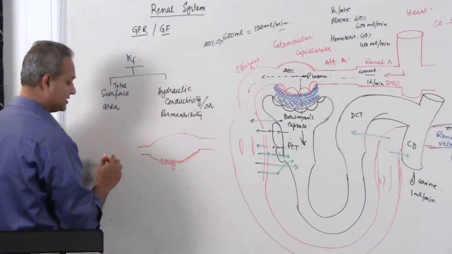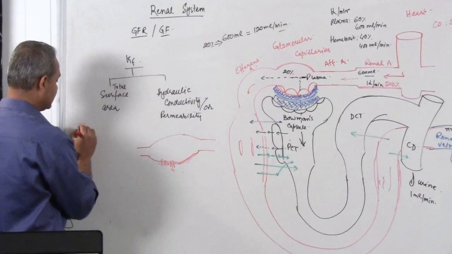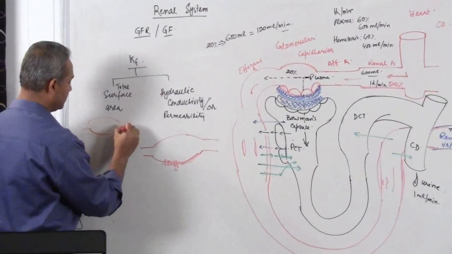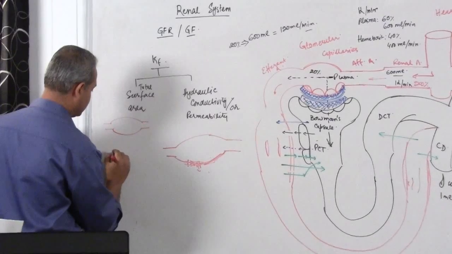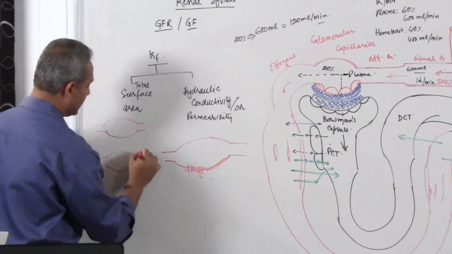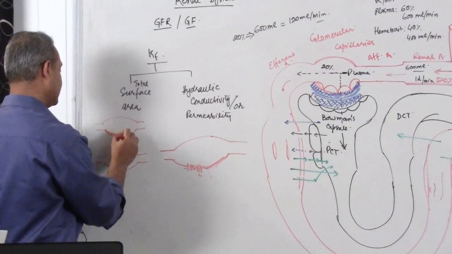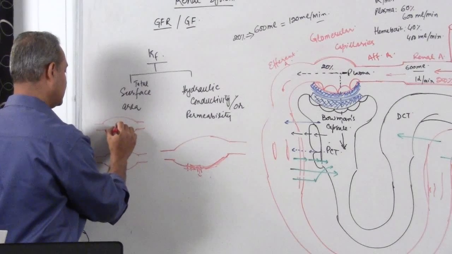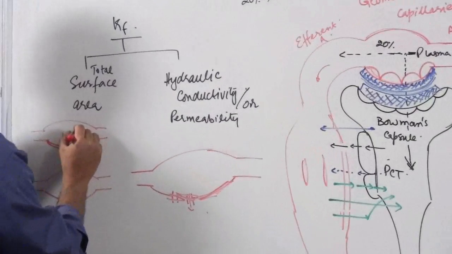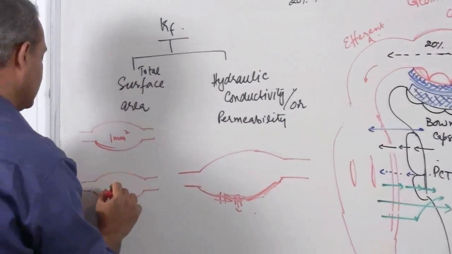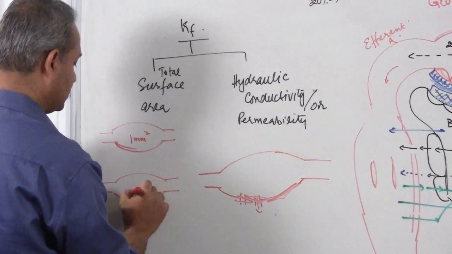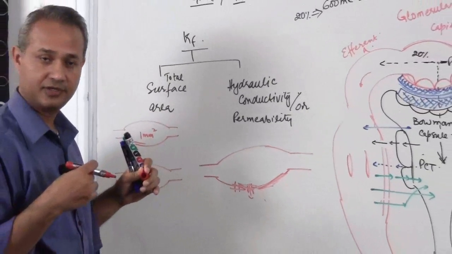Total surface area is in a similar ballpark. So let's say this is one glomerulus and this is another glomerulus. Let's say the surface area of one glomerulus is 1 millimeter square and the other one is also 1 millimeter square. So I have 2 millimeter square here.